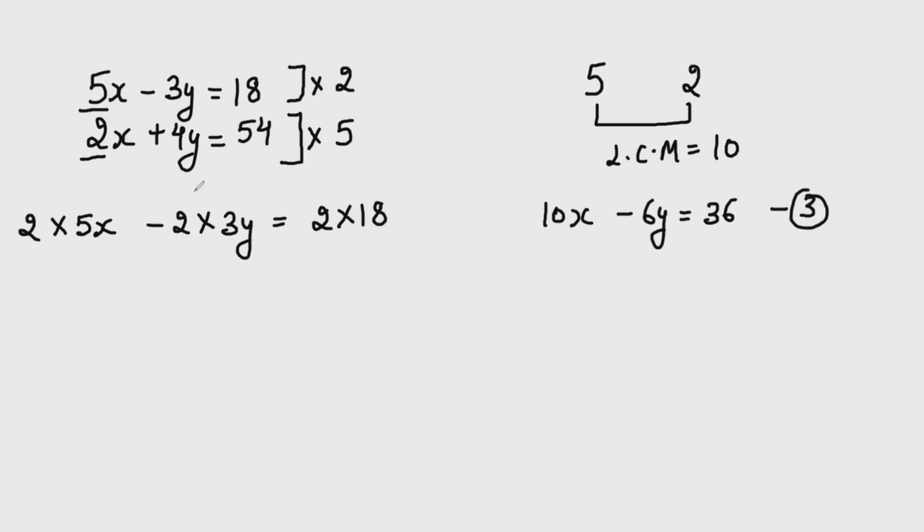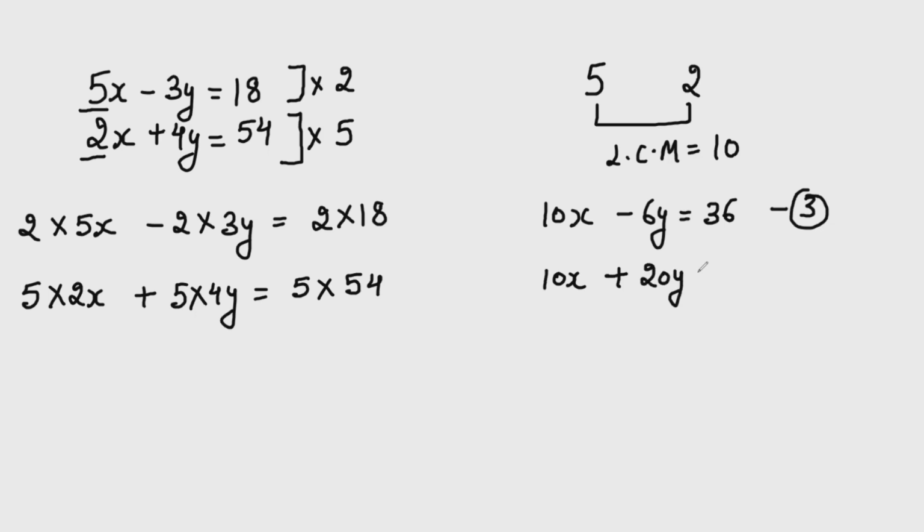Then the second equation, we need to multiply by 5. 5 into 2x plus 5 into 4y is equal to 5 into 54. So we will get 10x plus 20y is equal to 270. Let it be equation number 4.